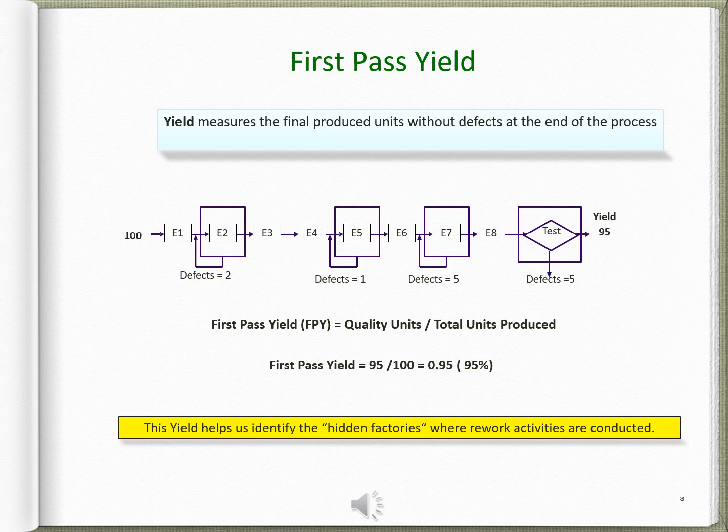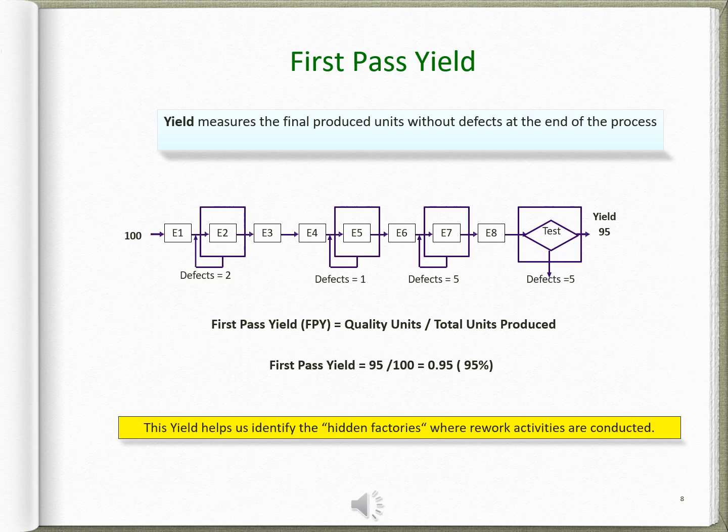Now, let's move into performance metrics related to defects in the process. First pass yield measures the final produced units without defects at the end of the process. We divide the quality units by the total units produced to obtain this metric. Here, quality units refer to those units without defects. Suppose we have a process consisting of 8 steps, from E1 to E8. 100 units go to the initial step, while 95 OK items go to the final step.